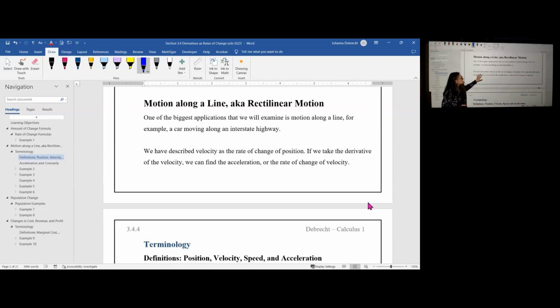What we want to do is look at the position-time graph and predict where the velocity is positive, where it is negative, where it is accelerating, where it is decelerating, which is not the same as where it's speeding up or slowing down.